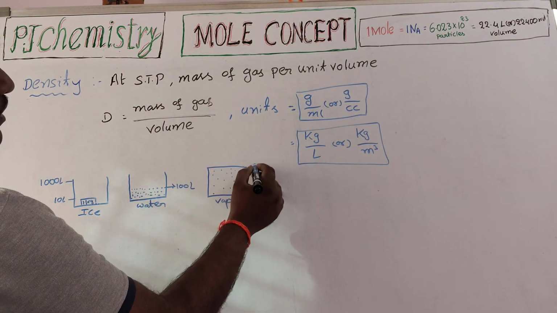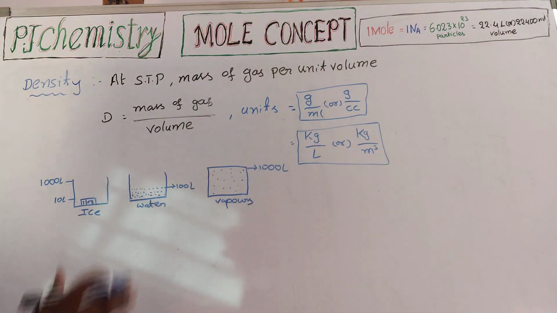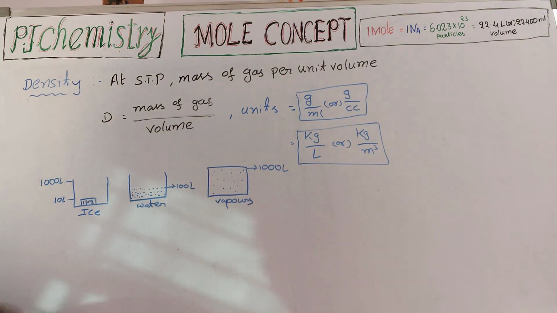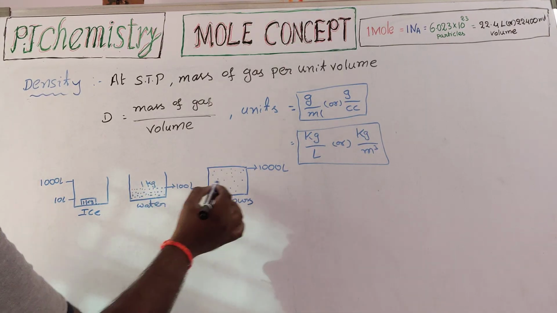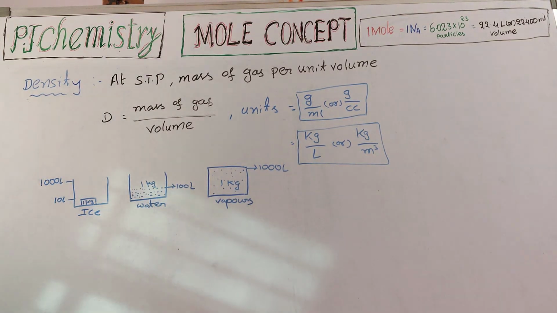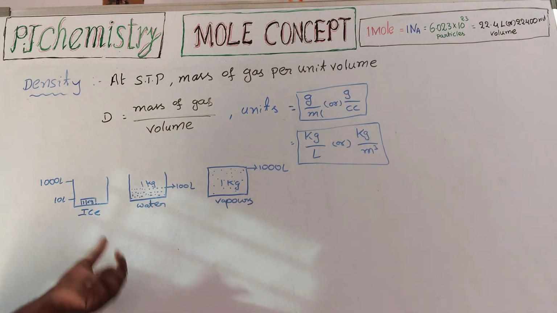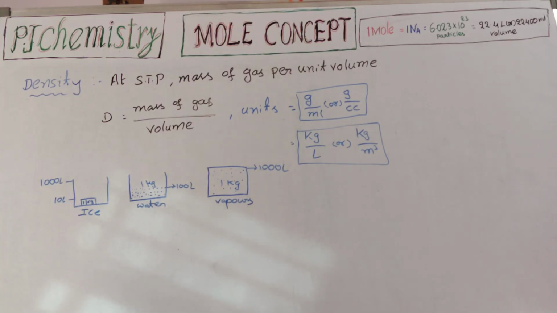So they occupy 1000 liters, even though the amount of substance is 1 kg in all three cases. But the volume occupied is different based on the physical state of matter.